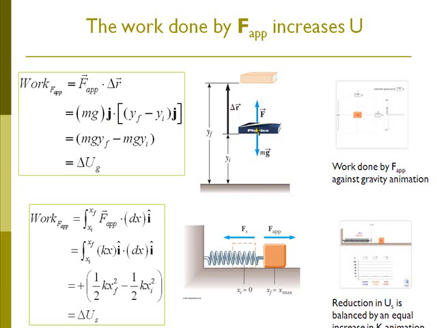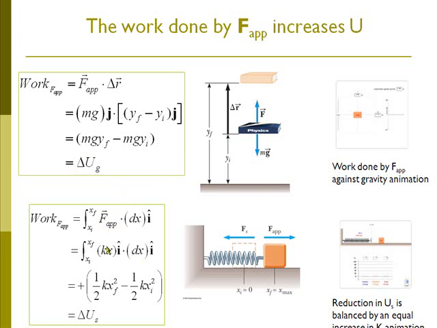And as the book is displaced upward, its change in position will also be positive. And so when we perform the scalar product, we see that we end up with mg y final minus mg y initial. In other words, a change in potential energy, which is positive. The same is true in the case of the spring.